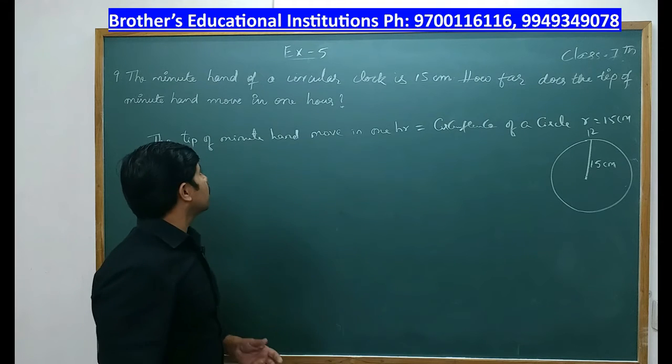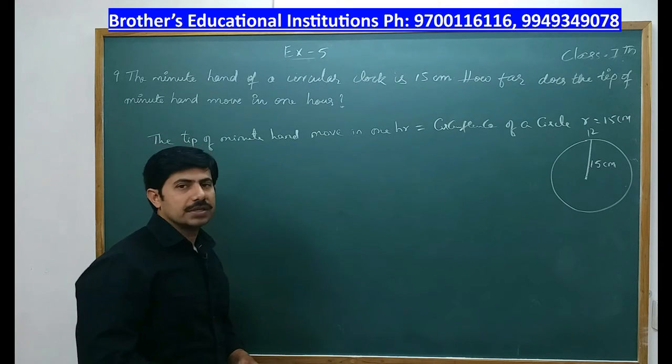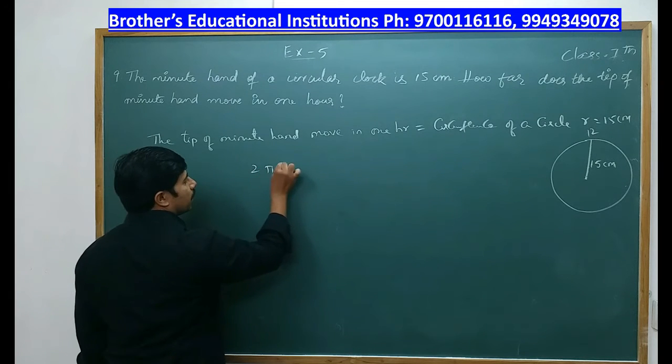In 1 hour it completes the rotation, so we need to find the circumference, which is 2 pi r.